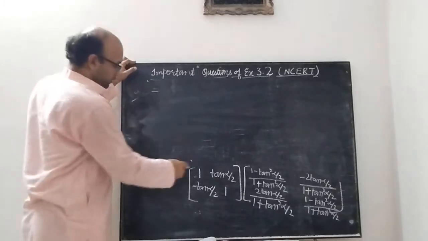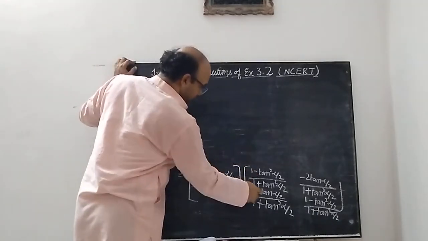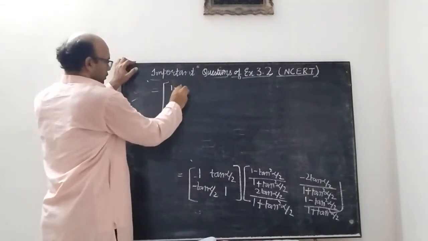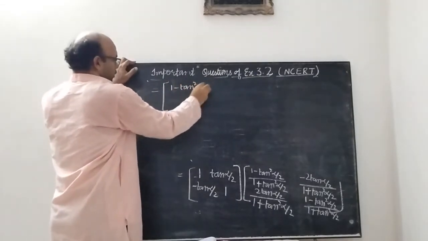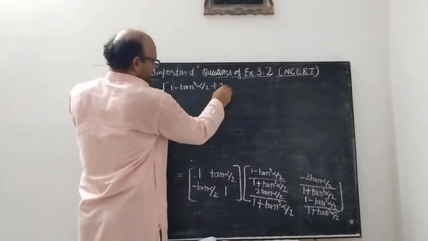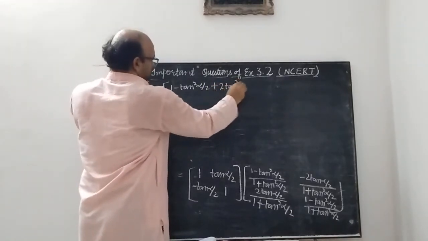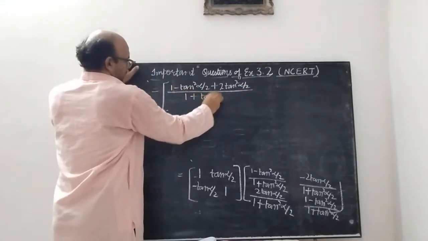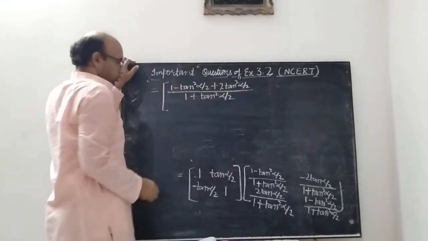So if you simplify, this is 1 into this and then multiplied by this. So 1 minus tan square alpha by 2. The denominator will come out to be same, so already the LCM will be taken. So this is 2 tan square alpha by 2 upon 1 plus tan square alpha by 2.